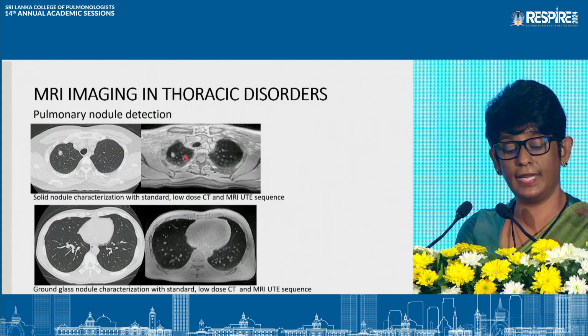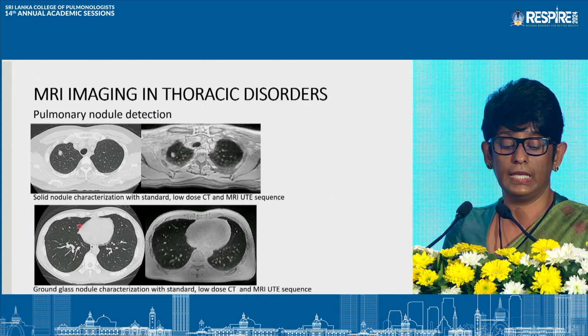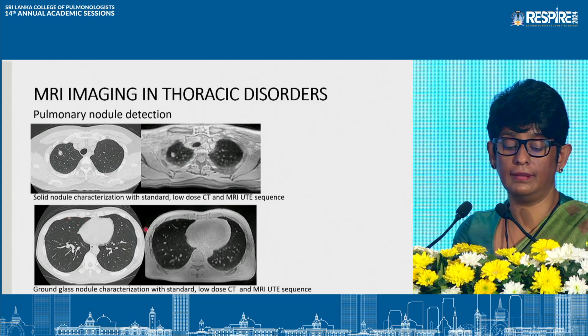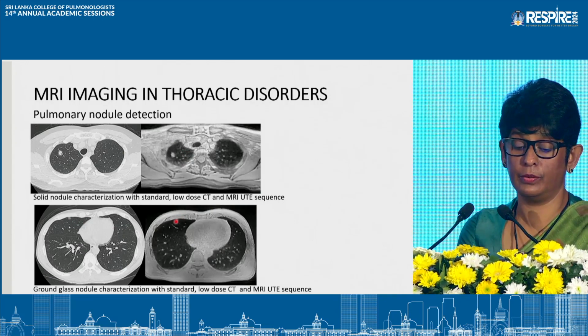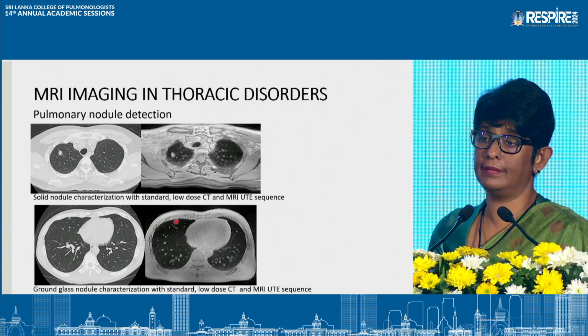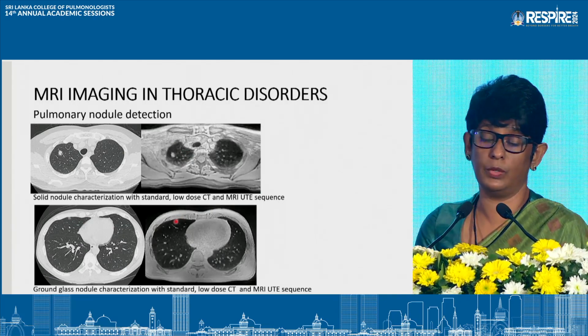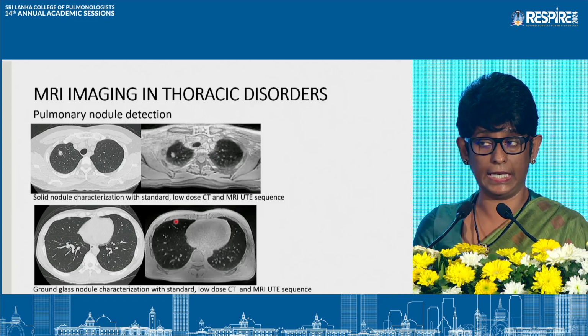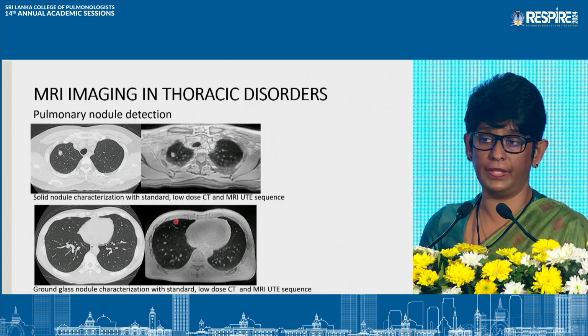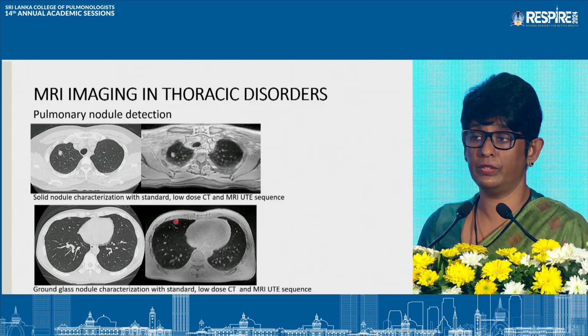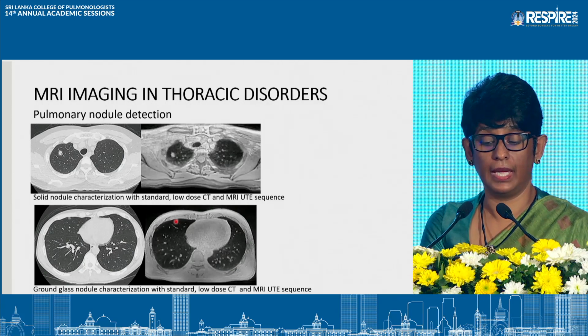It's more or less the same. And here we have a ground glass nodule, low dose CT, and MRI. So the MRI is coming with no radiation. So this technique, if we can acquire this, can be used for pulmonary nodular detection and characterization.